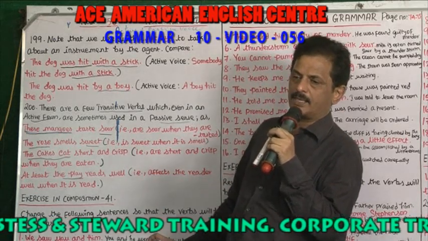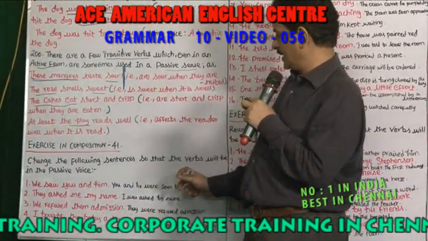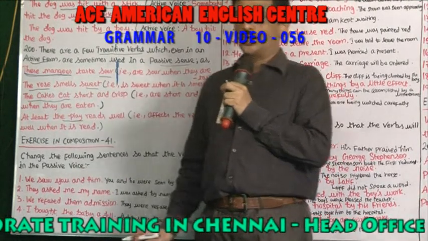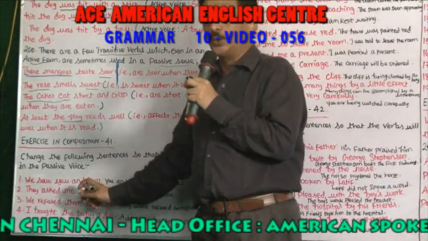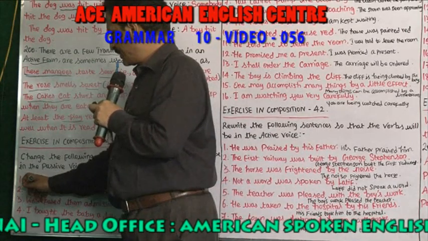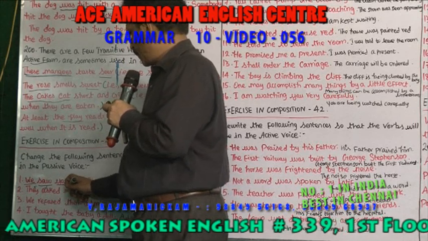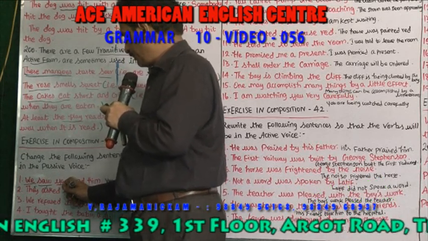Now coming here to the exercise. Change the following sentences so that the verbs will be in the passive voice. We saw you and him. We is the subject. Saw is the verb. You, the object. What object?